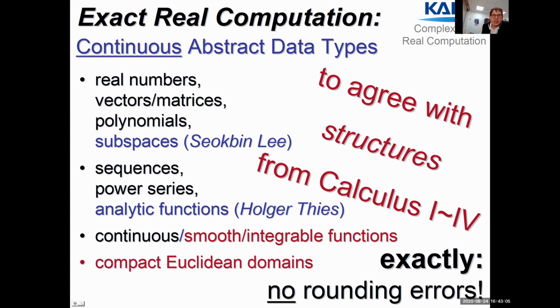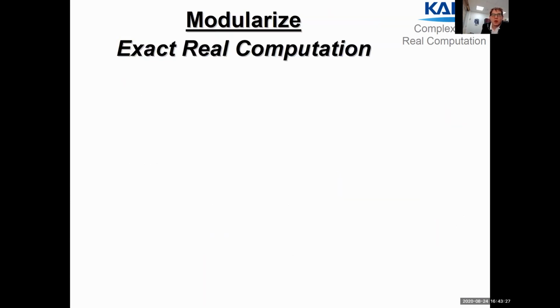Further suggested extensions are compact Euclidean domains or bounded operators. So generally speaking, our first suggestion for the future of exact real computation is to add more of these continuous abstract data types to the library that iRRAM already natively supports. The second suggestion is to modularize computation.